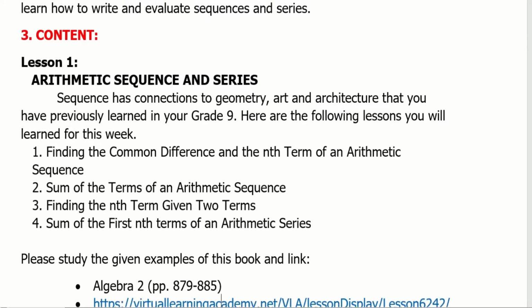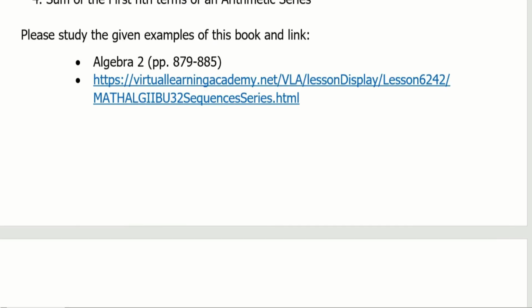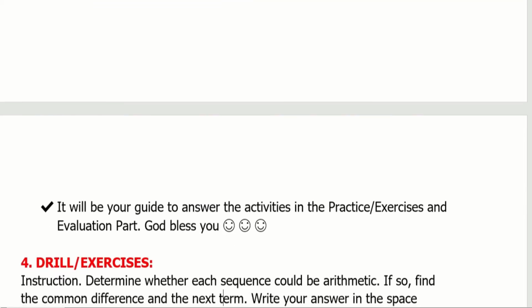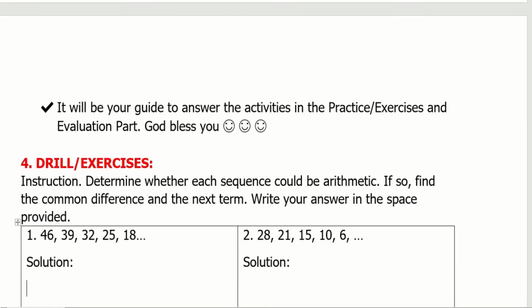The link and book page given below are your guide to answer the activities in the practice exercise and evaluation part. Okay, so we have the drill and exercises. We have the instruction: determine whether each sequence could be arithmetic.